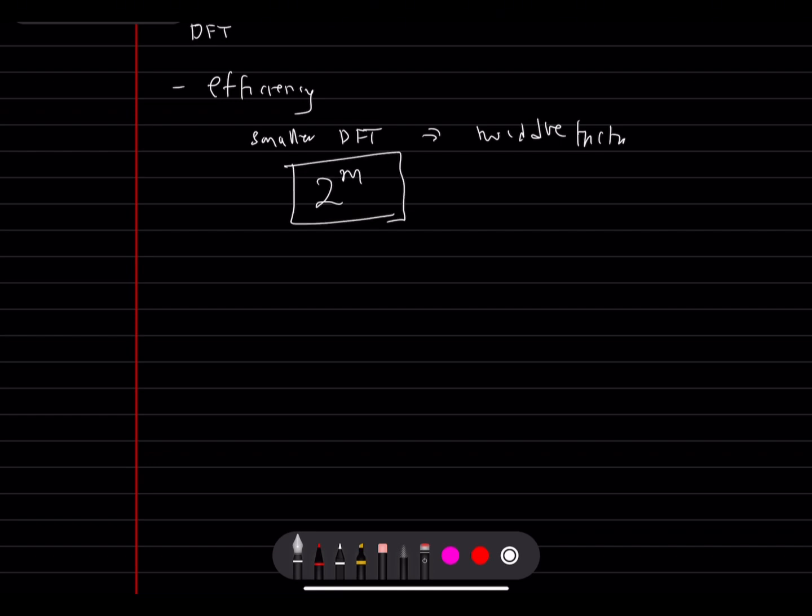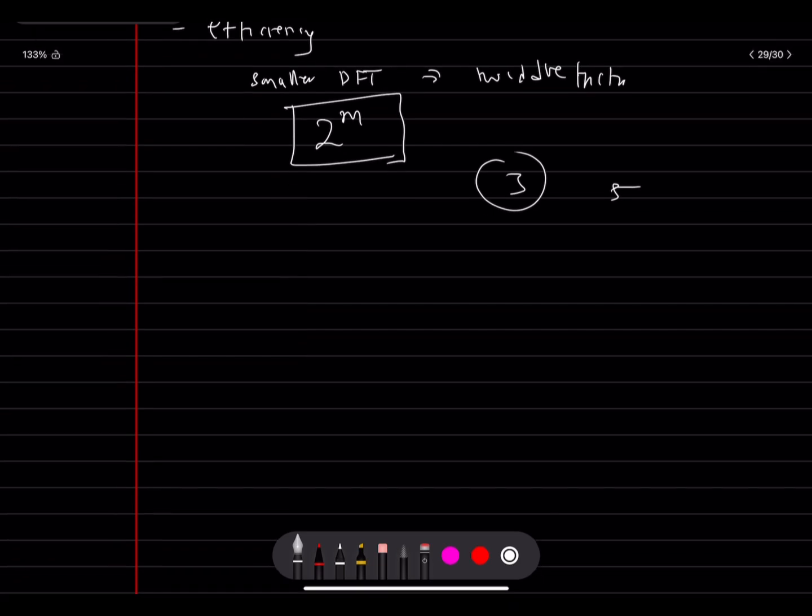That's the only restriction on this algorithm. Aside from that, there is no restriction. For example, the number of samples can't be 3. It can't be 5. So the number of samples should be in powers of 2, right? So the number of samples can be 2, 4, 8, 16, 32, 64, and so on.